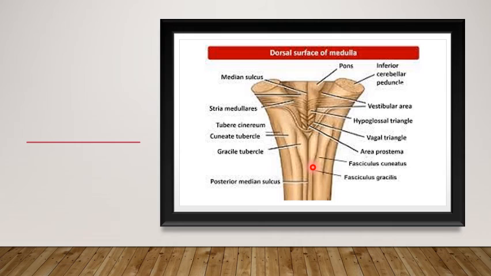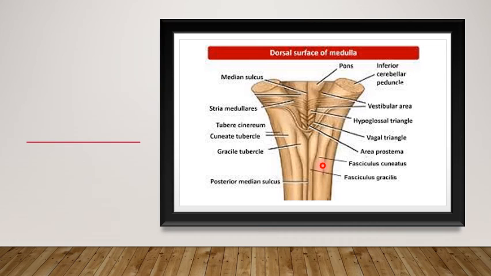What is it? The posterior surface of the lower part of the medulla between the posterior median sulcus, here is your posterior median sulcus, contain tracts that enter from the posterior funiculus. So the tracts that you see here are labeled as fasciculus gracilis next to the midline and fasciculus cuneatus placed laterally. So gracilis is right toward the midline and laterally is the fasciculus cuneatus.